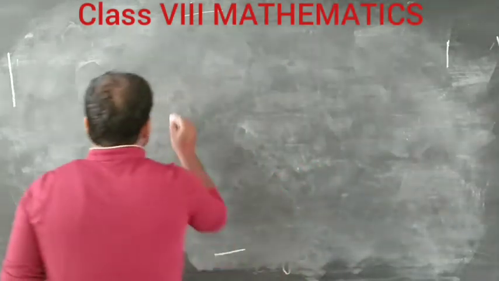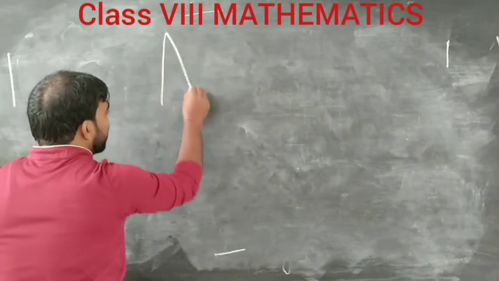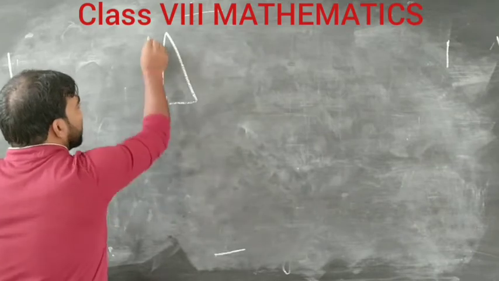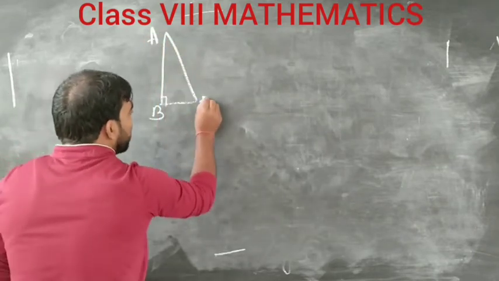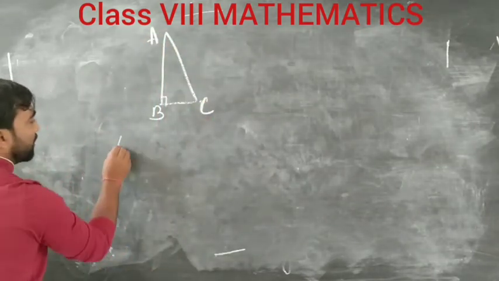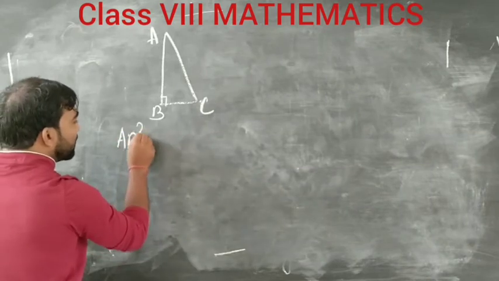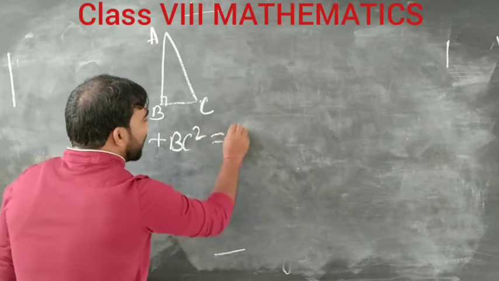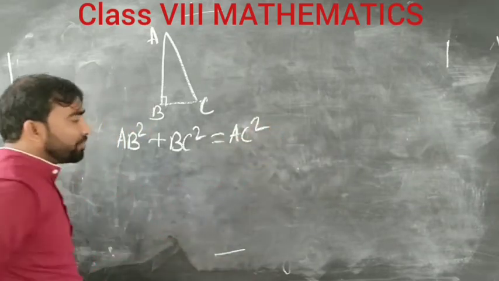As for example, if it is a right angle triangle, with the right angle at B, triangle ABC, then the squares of the smaller two sides, that is AB square plus BC square, equal AC square.